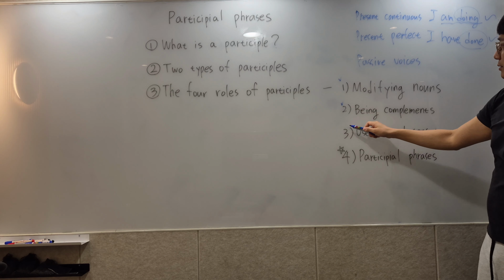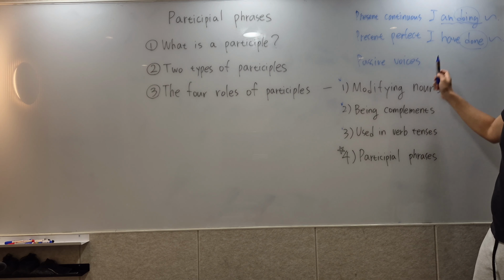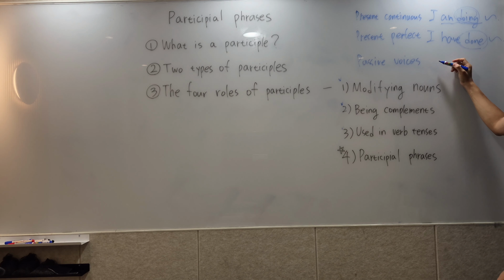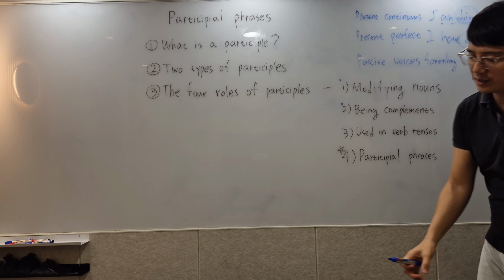Here is the part using verb tenses, right? I'm doing and I'm done. And passive voices: something was done by me. In this case, something was done. Here, a past participle is used in the sentence.